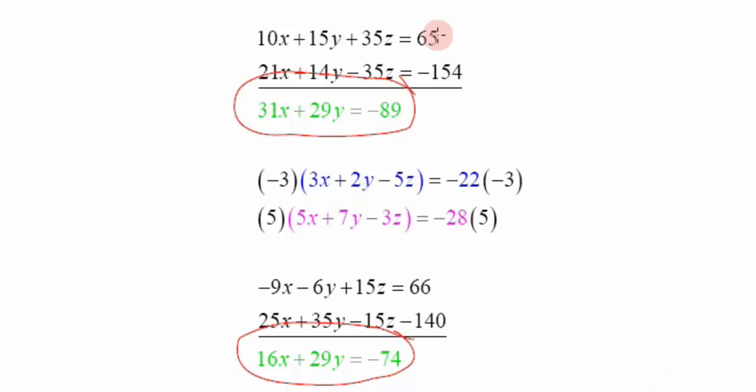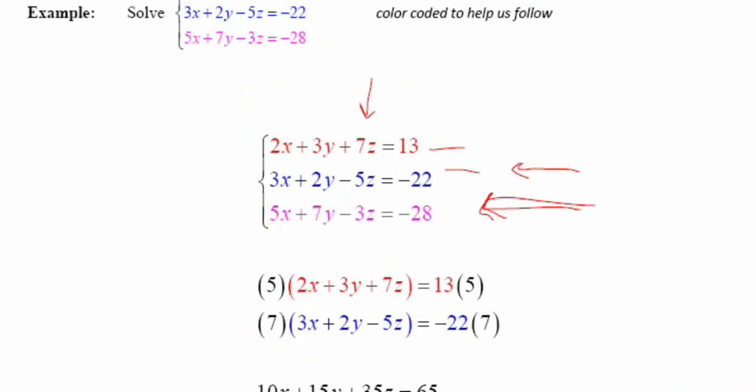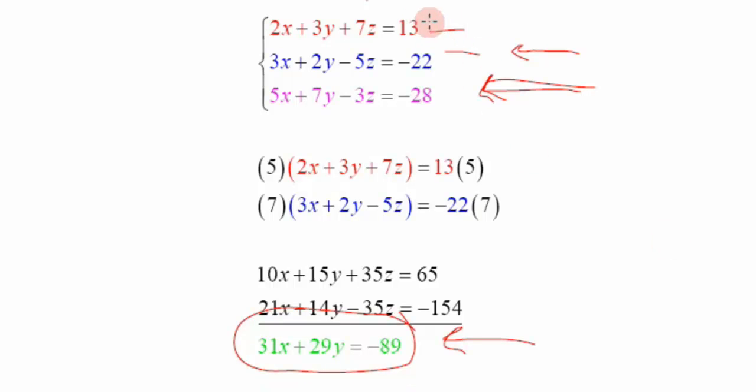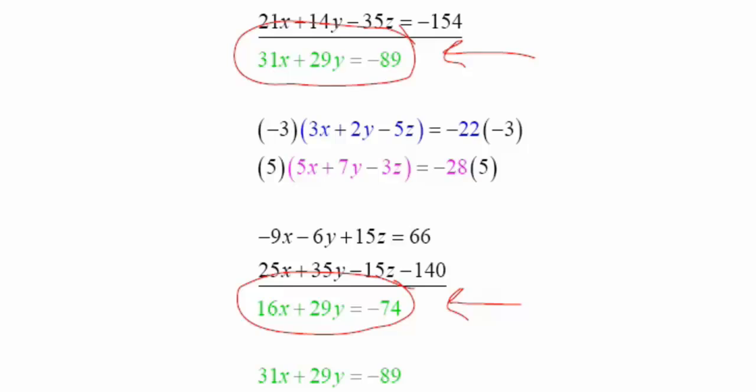So remember, I took first and second equations, and we got this green one when I eliminated z. Then I took second and third equations and eliminated z and got this one. So going back up, first of all, I did this one, first equation with second equation, eliminated z. Then I took this equation with this equation, and eliminated z. Now I've got these two new green equations.